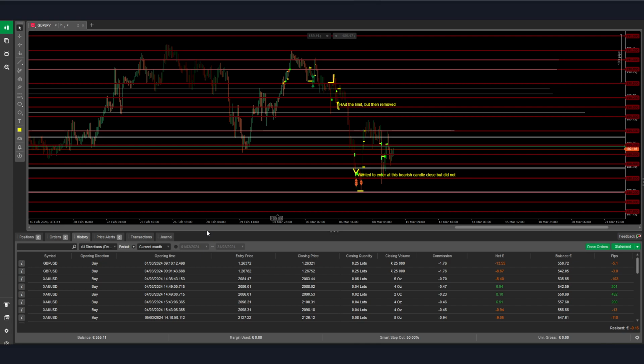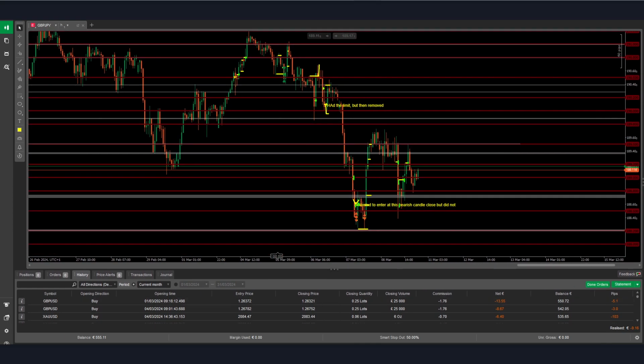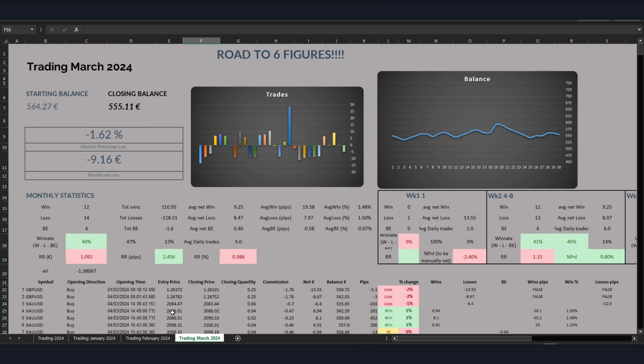We can have a look also at the price action, but mainly just looking at the trade stats, as you can see over here.